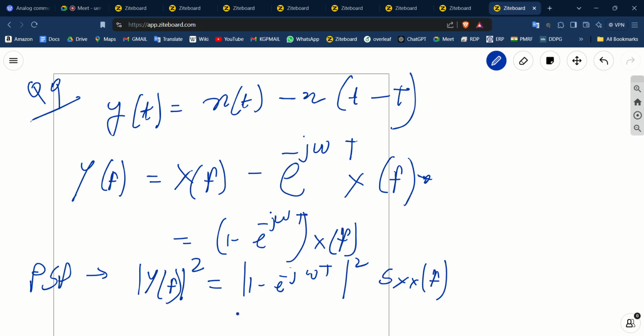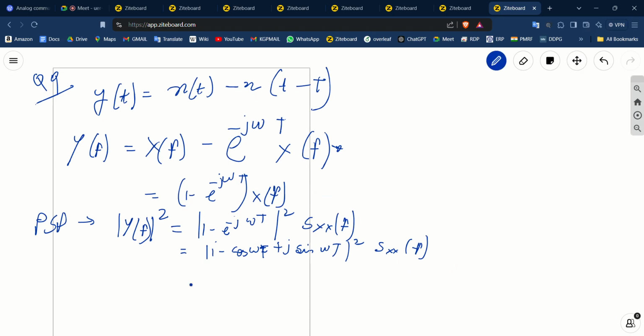So this will be mod 1 minus, this will be mod 1 minus cos omega T plus j sin omega T, whole square, Sxx(f), is equal to (1 minus cos omega T) whole square plus sin square omega T, Sxx(f).